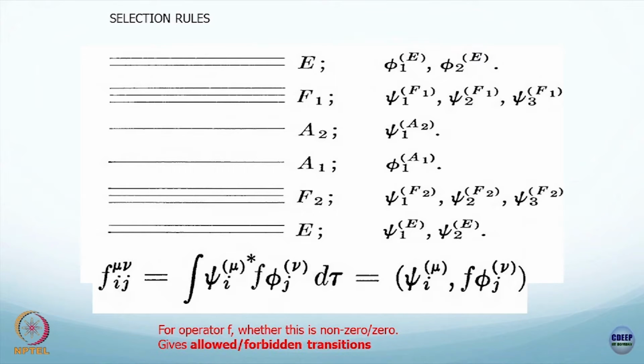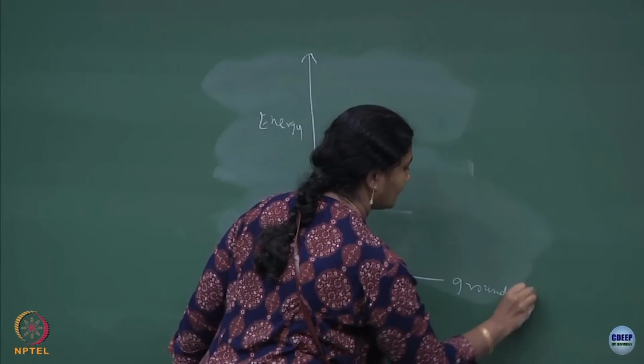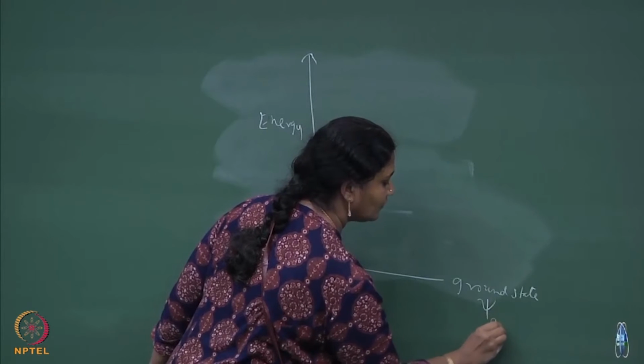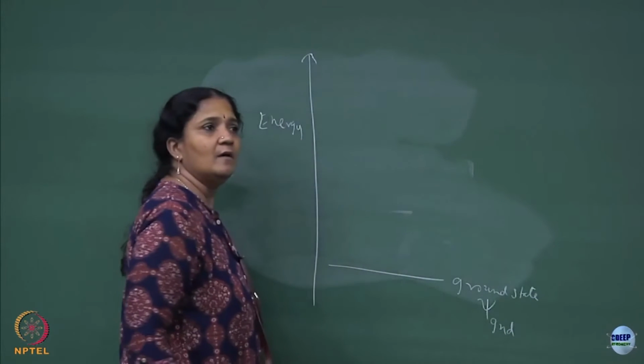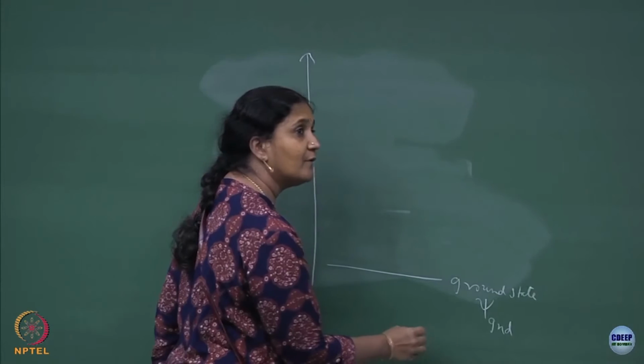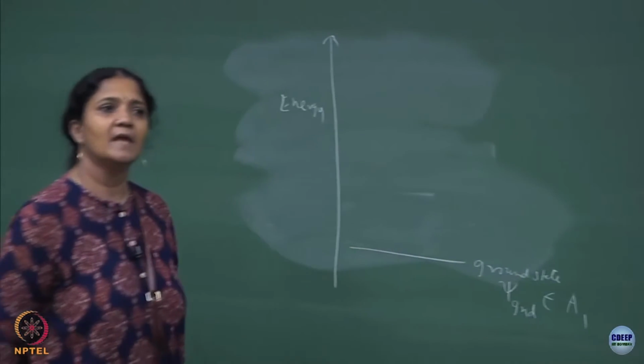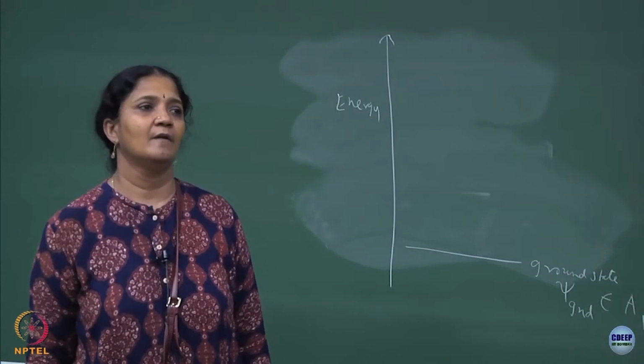So, this is the energy line. You have a ground state, let me call it psi ground, and it belongs to which irrep? A1 irrep, right.